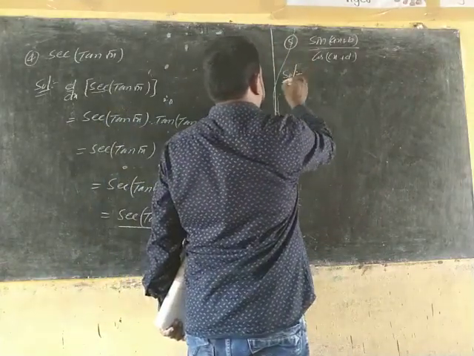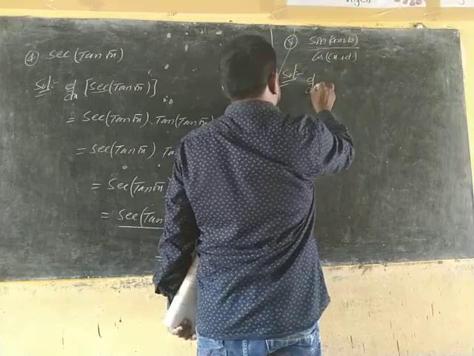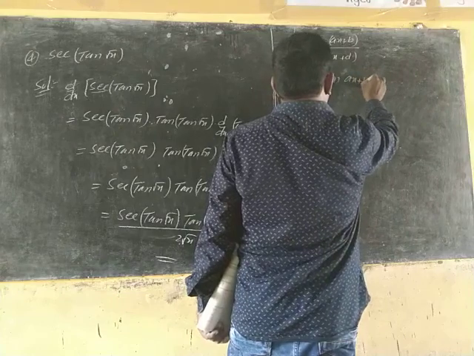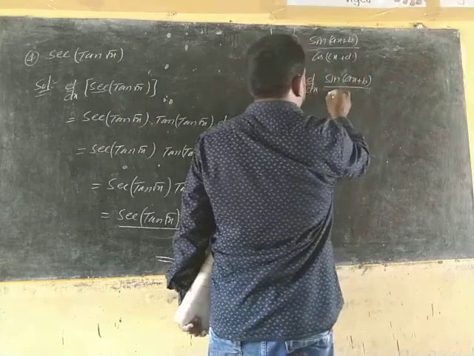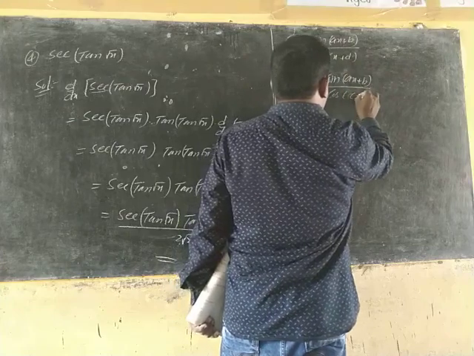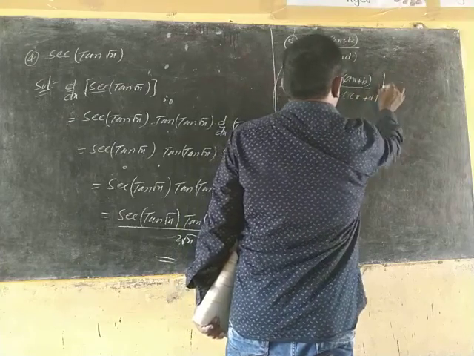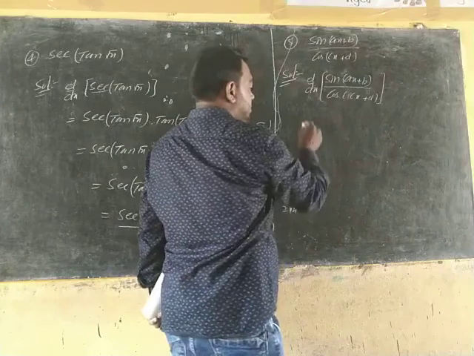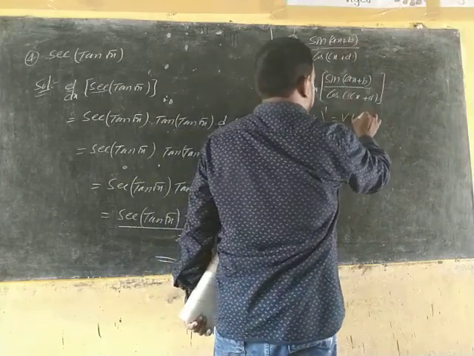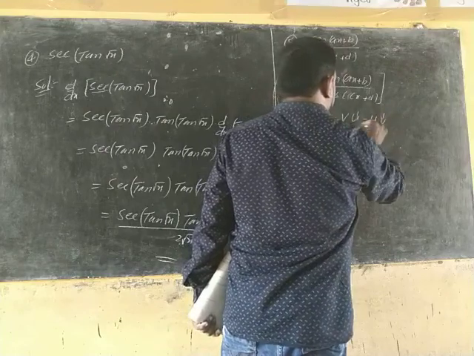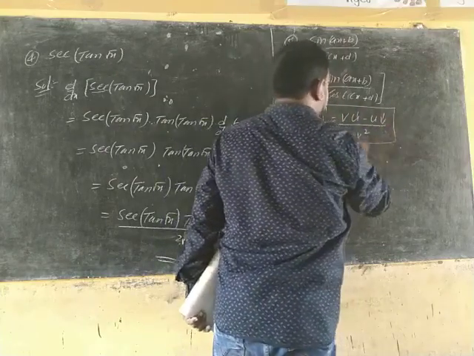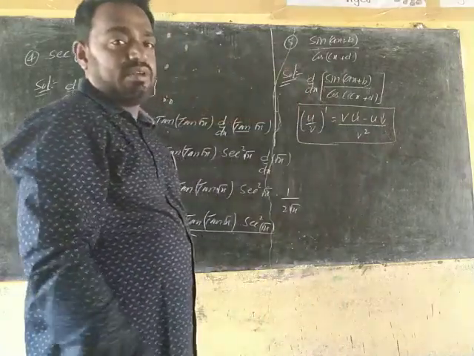Solution: d by dx of sine of ax plus b by cos of cx plus d. It is in the form of u by v whole dash. The formula is v into u dash minus u into v dash by v square. Right? You apply the formula.